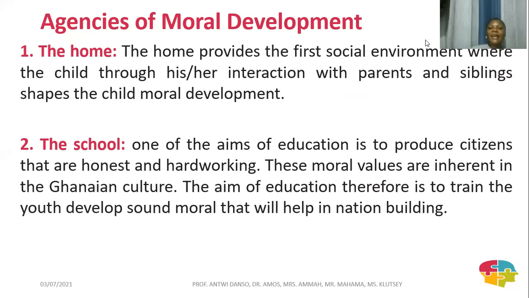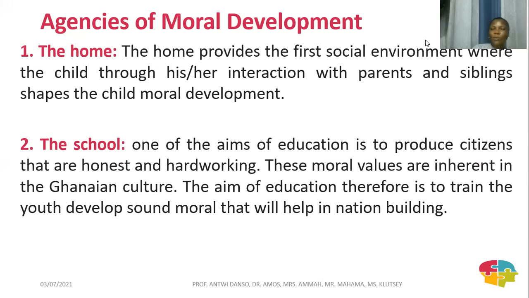So the home provides the first social environment where the child goes through interaction with parents and siblings, and this shapes moral development. So at home, the child would insult the siblings and the parents beat him or her that it is not good to insult. So the home or the parents are shaping the child's behavior as to what is right or wrong.